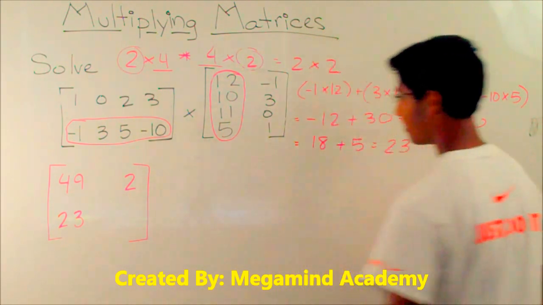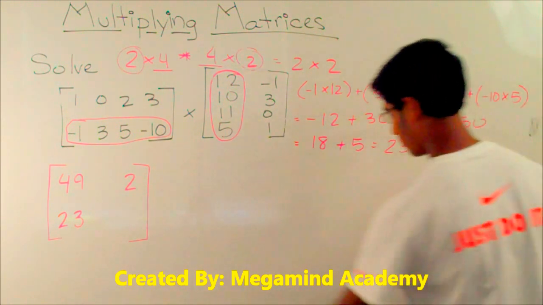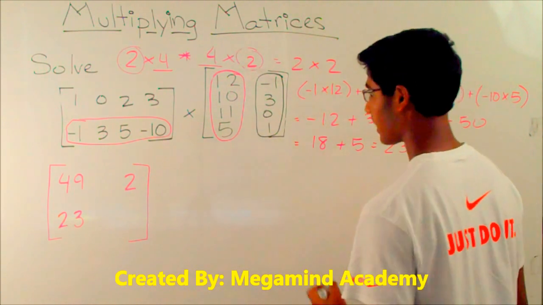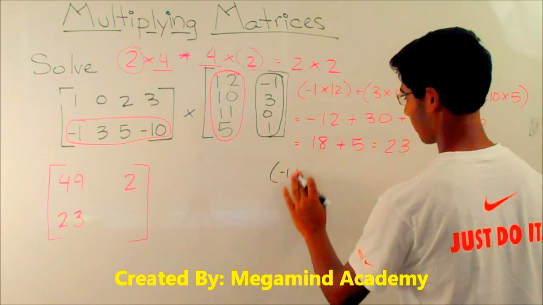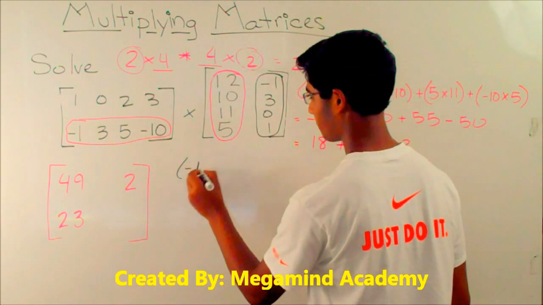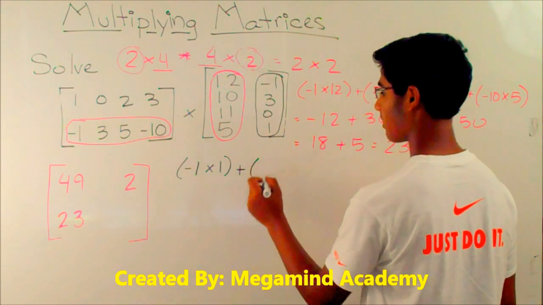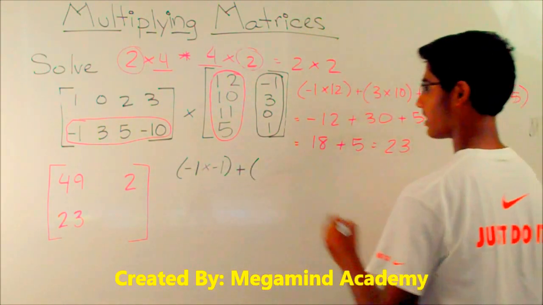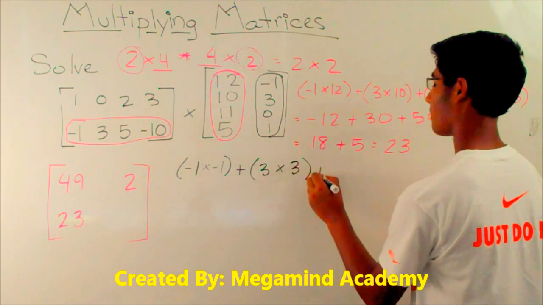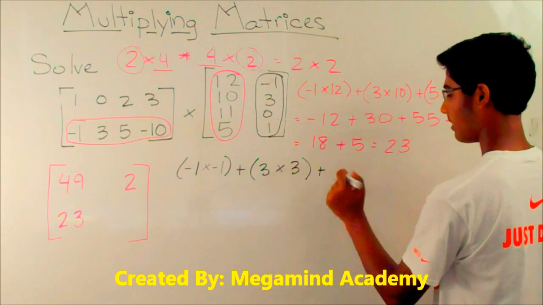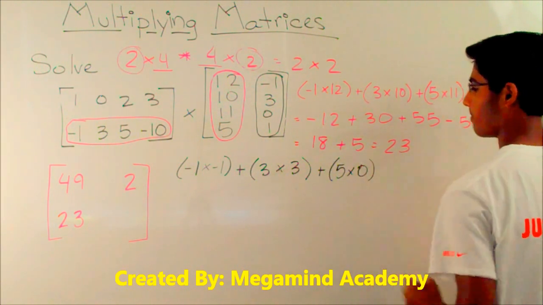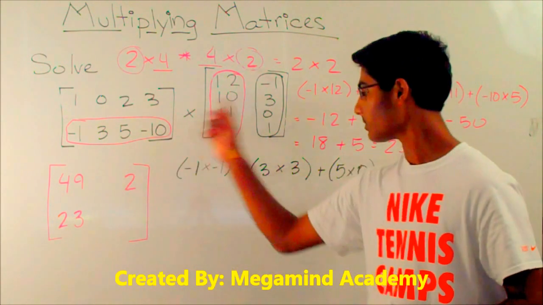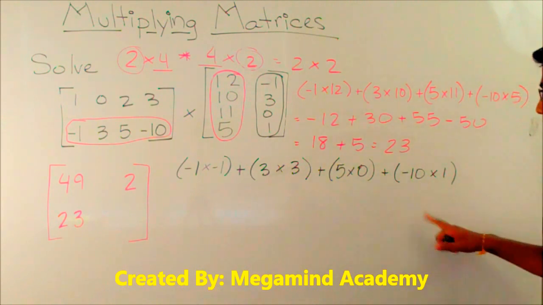Now let's do the last product. We're doing it with this column here, so we get negative 1 times negative 1, plus 3 times 3, plus 5 times 0, plus negative 10 times 1.